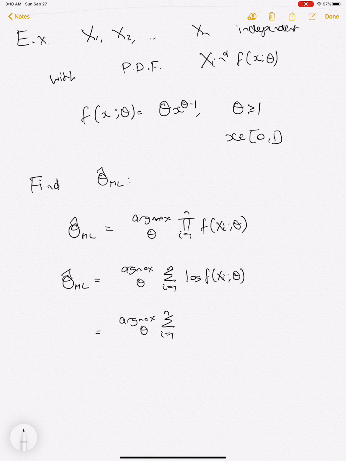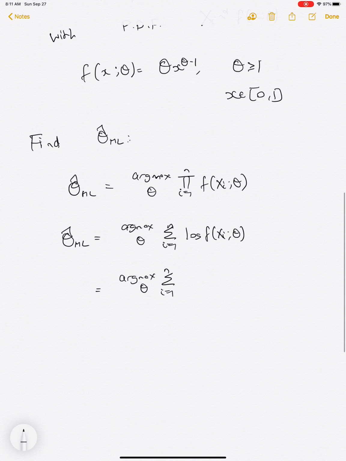So now let's work out what this log is. The log of theta x to the theta minus 1 is just log of theta plus theta minus 1 times log of x.